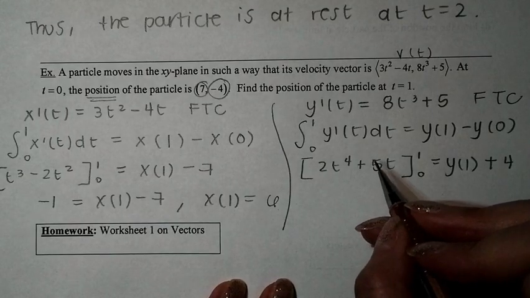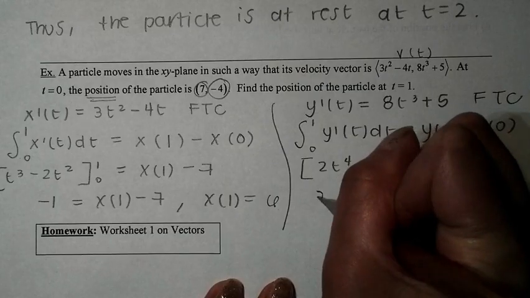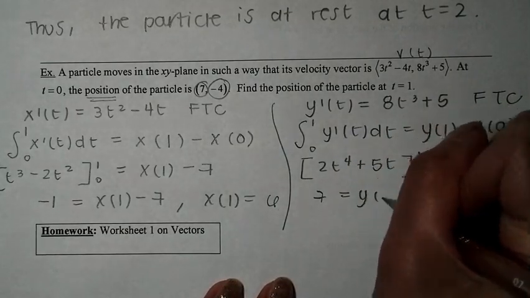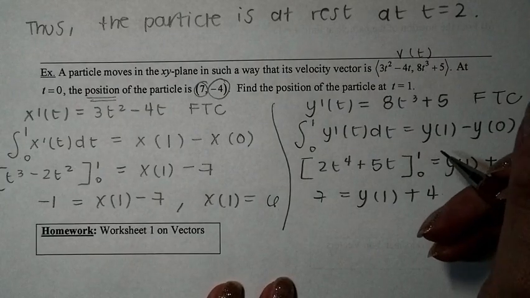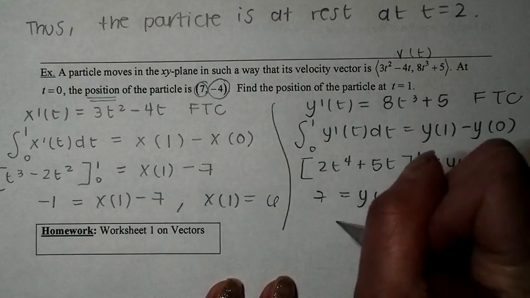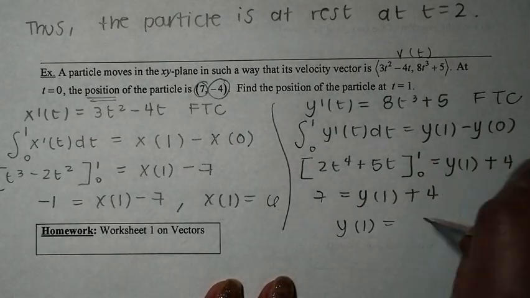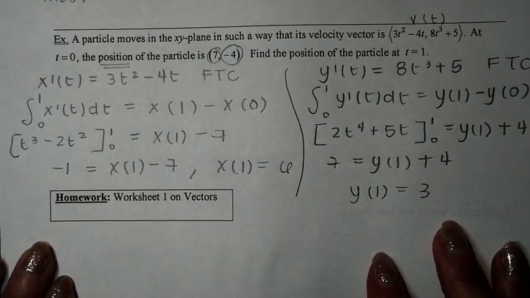When we plug in the 1 here, that's going to be 7, the 0 is a 0, so I just leave it like that, y of 1 plus 4. Then y of 1 is going to be equal to 7 minus 4, which is equal to 3.